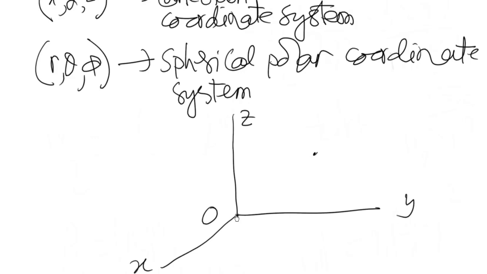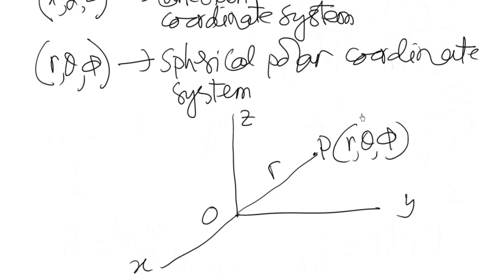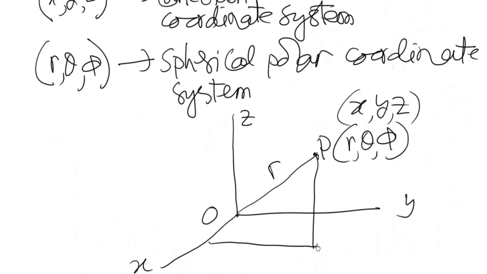If you take a point P here, whose distance is r, with coordinates r, theta, phi and also x, y, z, then we draw a perpendicular on the xy plane. Just see, this is m, then this is x, this is y, and this is z. This angle is theta, and this is r, and this angle is phi.